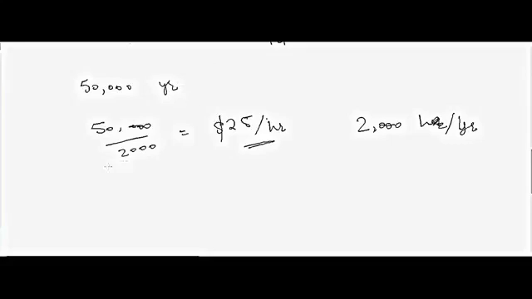So that is a quick way to get an approximation of how much you are getting paid hourly. In the same way, if you are getting 70,000 a year, that means you are getting $35 per hour. So that's another quick calculation that you can do to get some approximation.